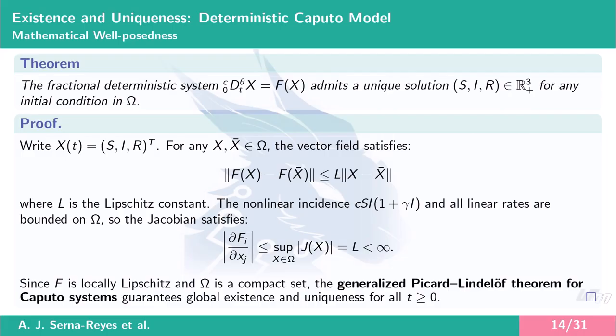Since the nonlinear incidence term and all linear rates are bounded on this compact set, the Jacobian is uniformly bounded and the Lipschitz constant is finite. A fractional version of the Picard-Lindelof theorem then guarantees global existence and uniqueness for all time.